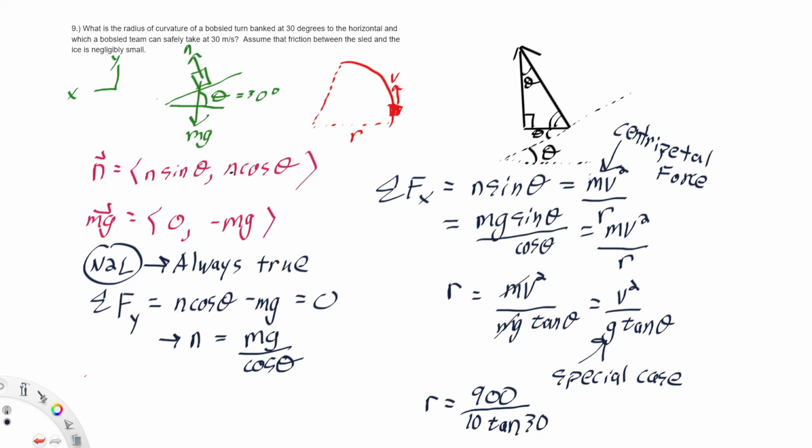Any other questions or comments before we move on? Yeah, so if you want to use special case formulas in the future, and you write down what the restrictions on those formulas are, and you consider that they do apply in this case, full points.